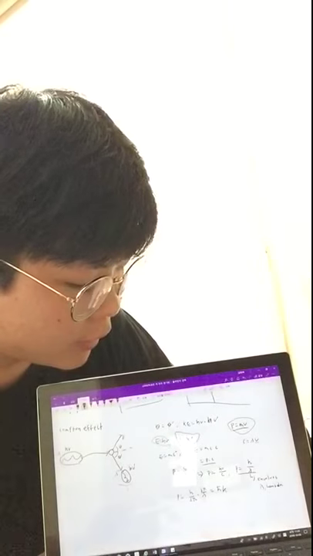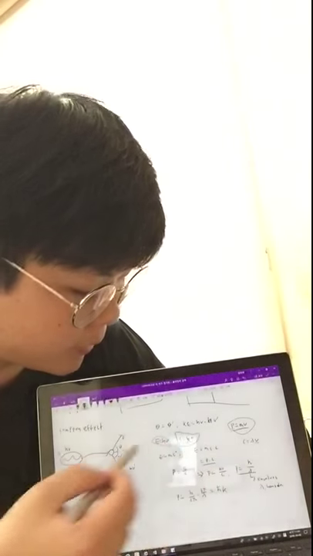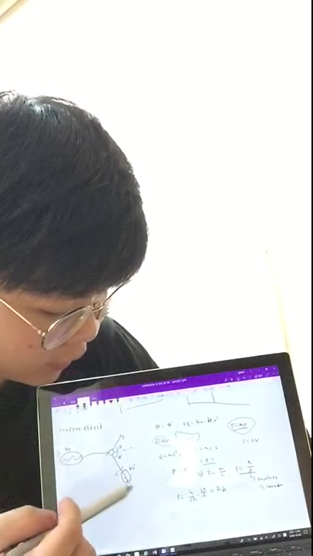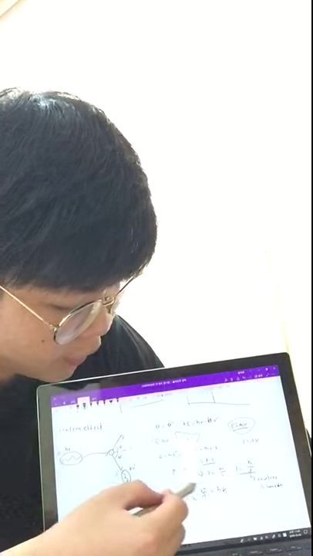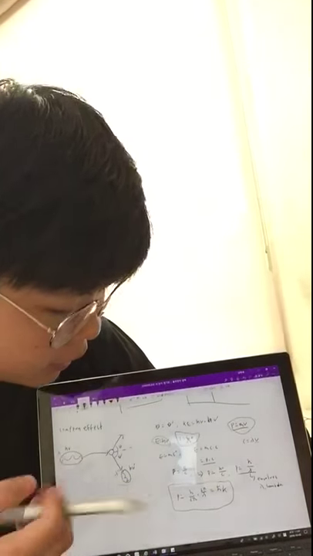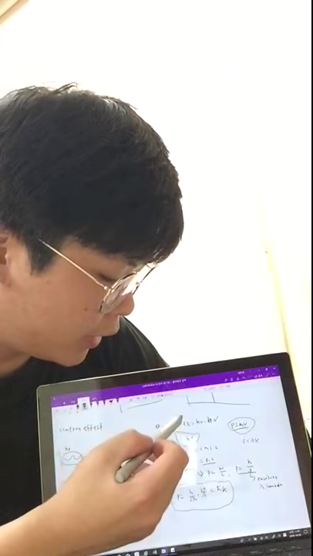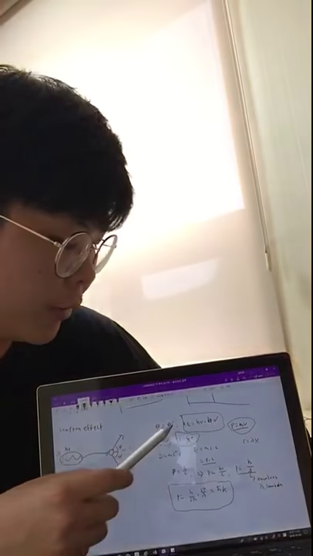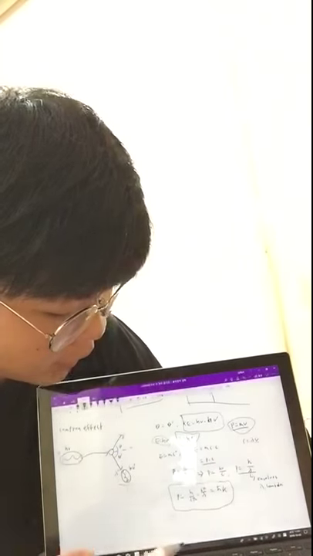If we gather all things up, we can know about the p on the light particles, and this one is the kinetic energy of the particles.